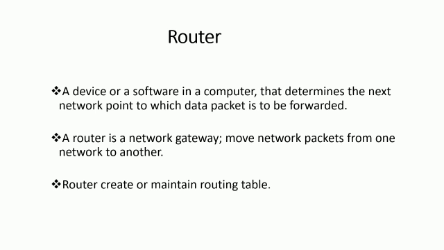That is, it selects the best path to route the message based on the destination address. Routers are the network gateways as they move network packets from one network to another network, and many can convert from one network protocol to another network protocol as necessary.